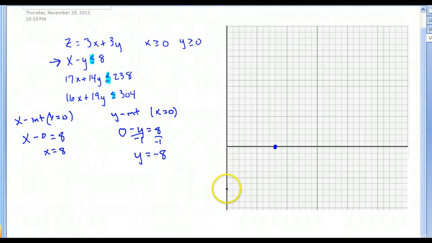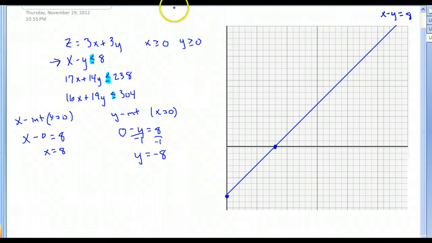So there's 5, 6, 7, 8. So there's the first line. Now I'm going to draw it through those points, and on and on. So there's our first line, the X minus Y equals 8 line.